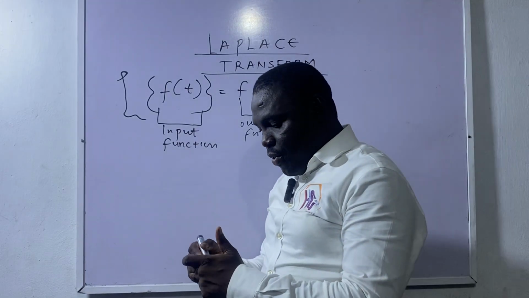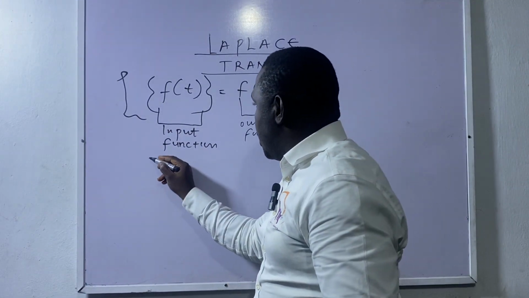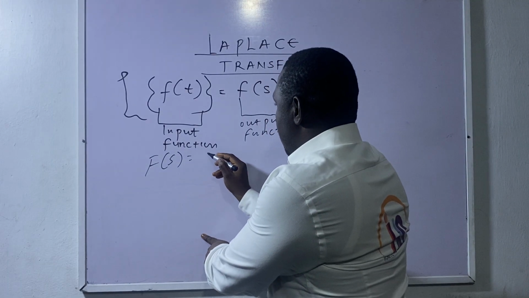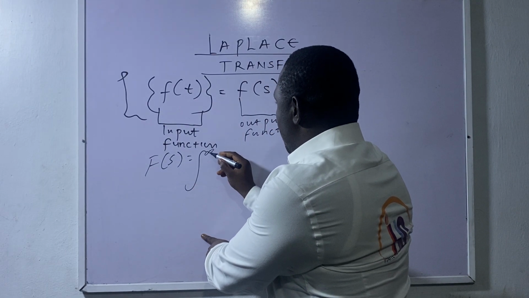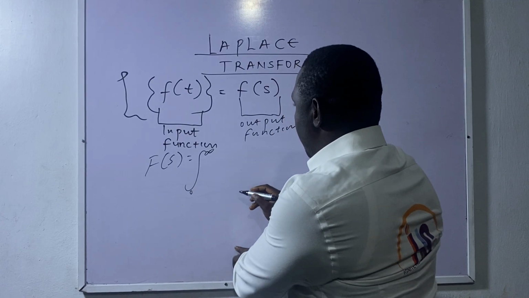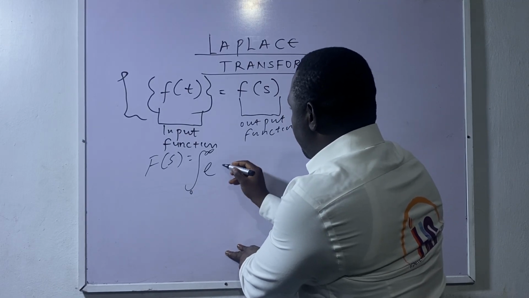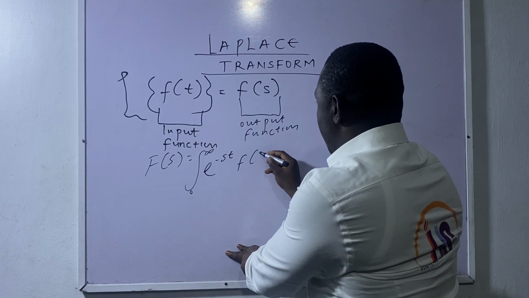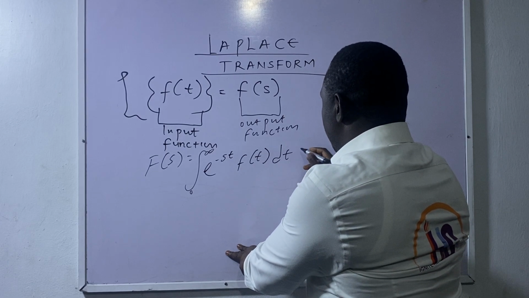So I can have that the F of s is the integral from zero to infinity of e to the power minus st times f of t dt.